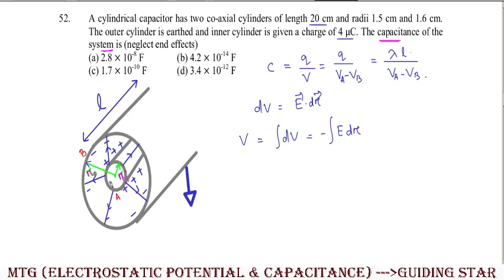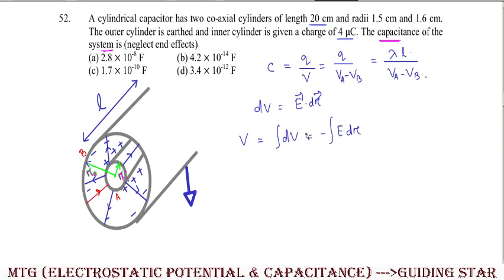The field is from the inner cylinder to the outer cylinder, but here we'll be moving against the field, if we move from the outer to the inner one. Okay, that is correct.